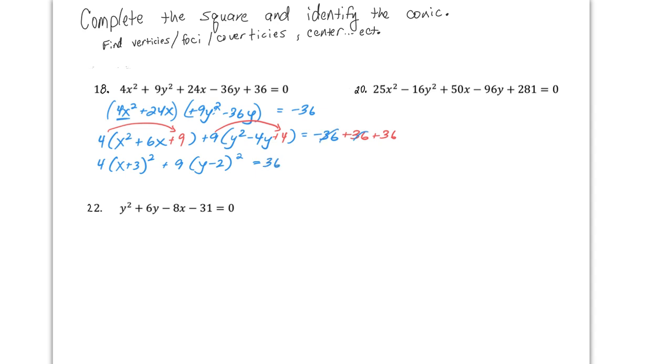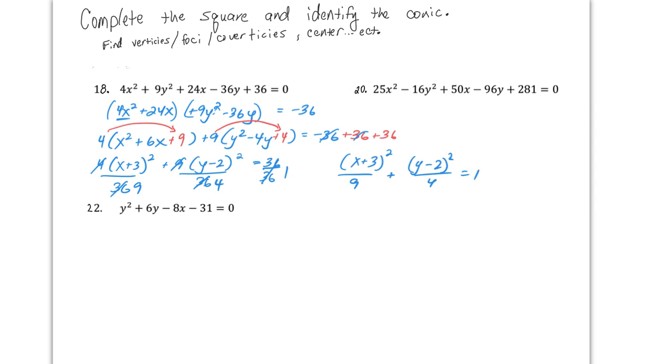Last but not least, I know I have to divide everything by 36 because it has to equal 1. Very similar problem anyway. So I'm going to simplify, and my final answer is x plus 3 squared over 9 plus y minus 2 squared over 4, and it equals 1.